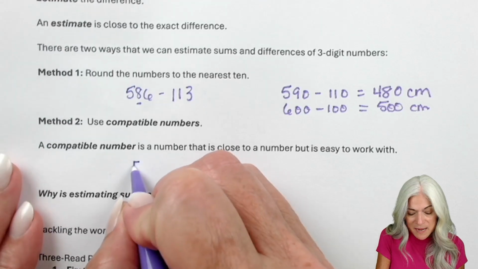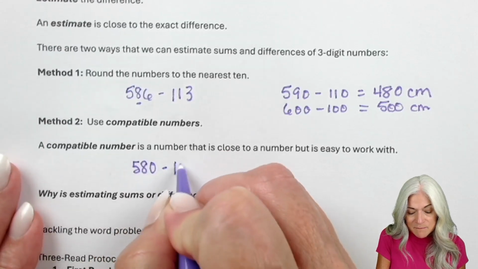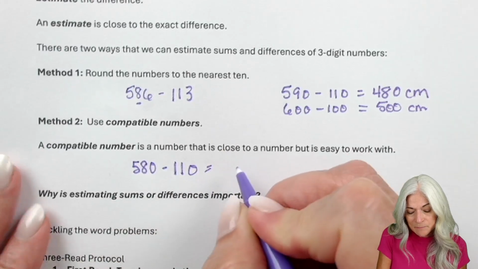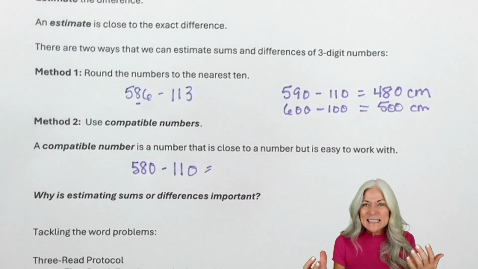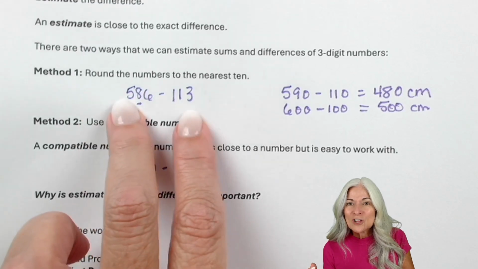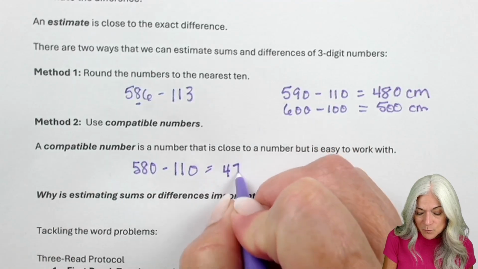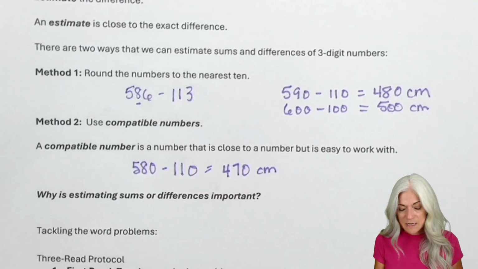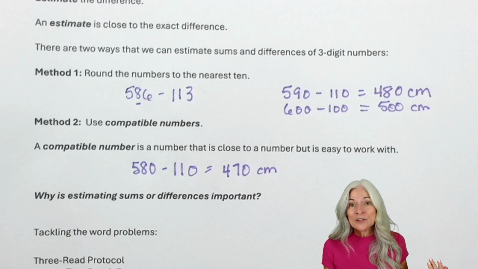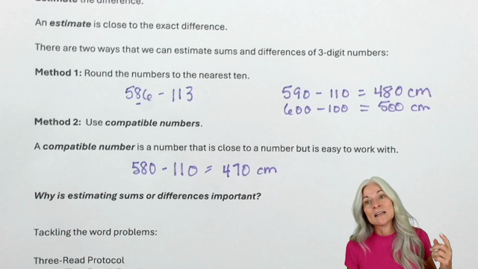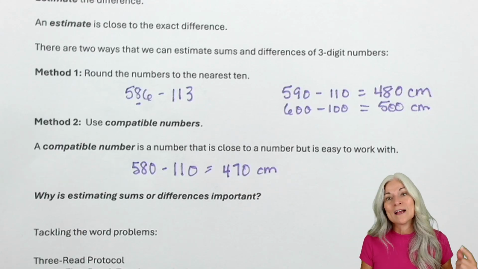So maybe I want to make this 580 minus 110, because those are easy numbers to work with. They're close to these numbers. In this case, the difference would be 470 centimeters. So that may be how they choose to do it. Again, the key is that they can explain which method they're choosing and why they chose that.